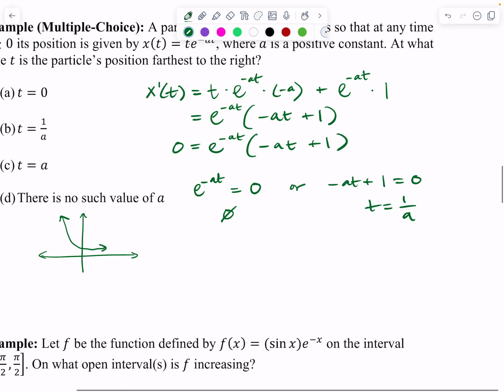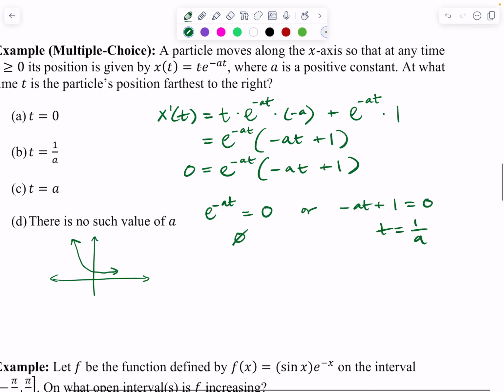Now, there are different strategies that you could use here. You might also recognize that the particle would be the furthest to the right at a relative maximum. We do have only one critical value. So you could think, oh, I'm going to use the first derivative test to find a relative maximum.